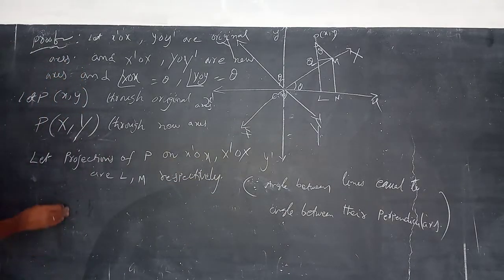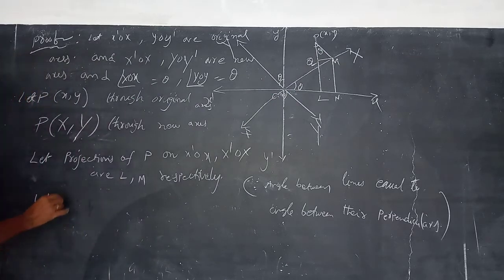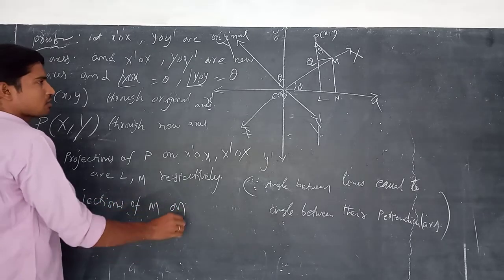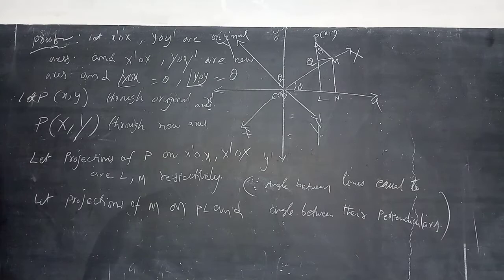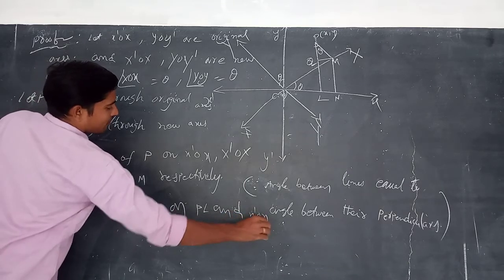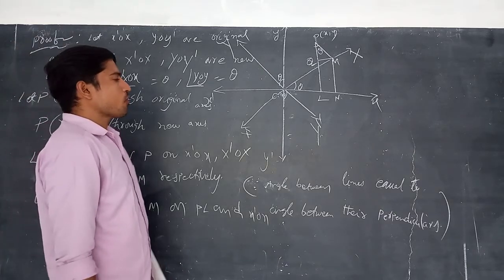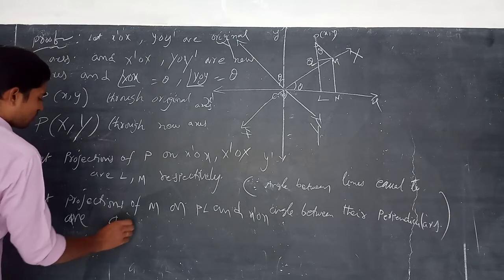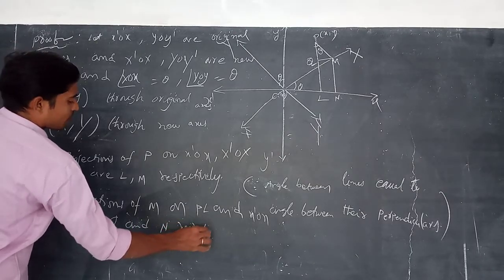As well as, let the projections of M on PL and X dash OX be Q and N respectively, right?